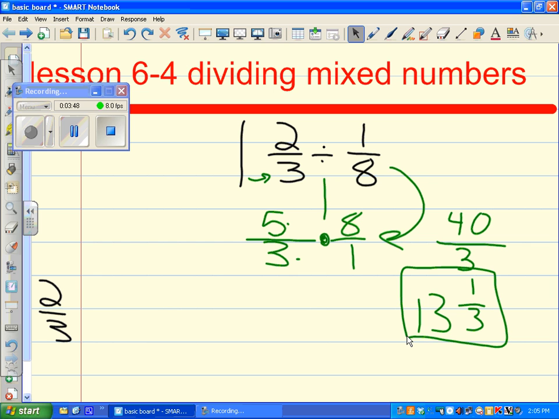And I'm going to estimate to make sure that's correct. Well, let's see here. I'm sorry, 1 and 2/3. I have 1 whole right there, and I have 2/3, which if I make my circle here, is about that big. And 1/8. Let me make a circle divided up into eighths.